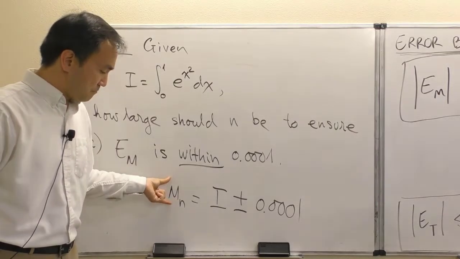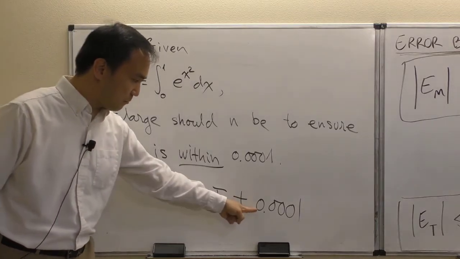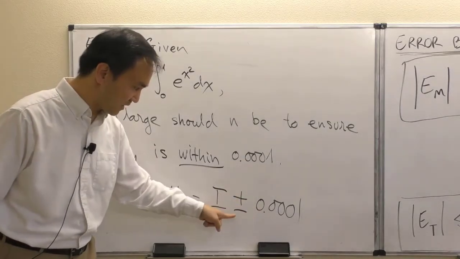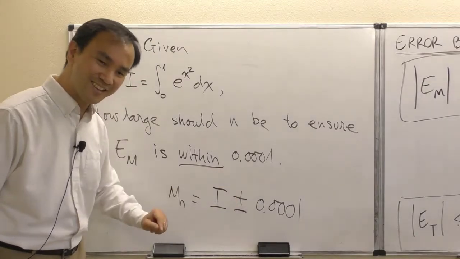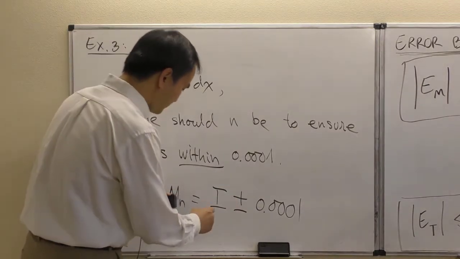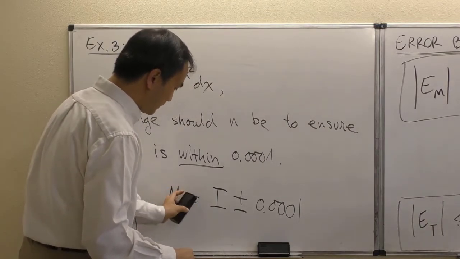The midpoint rule approximation is anywhere within 0.0001 above or 0.0001 below the actual answer. That's what the plus and minus is. Now, using the equal sign here is not exactly the precise way.